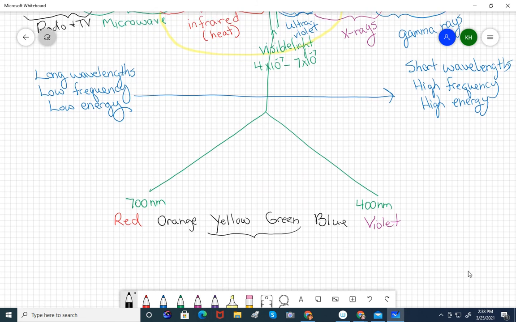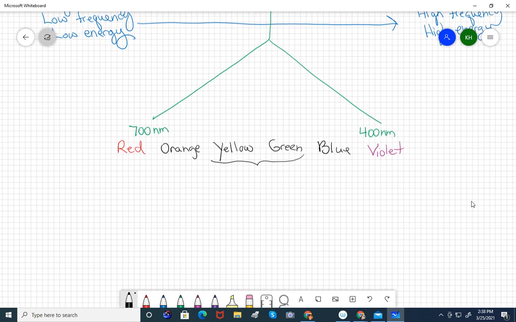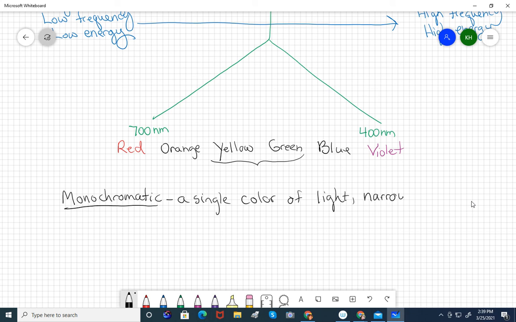When we think about color, color is related to the wavelength of light. It's impossible to be perfectly monochromatic, but monochromatic, we think of it being a single color of light. But what we really mean when we say that is that it's a very narrow band.